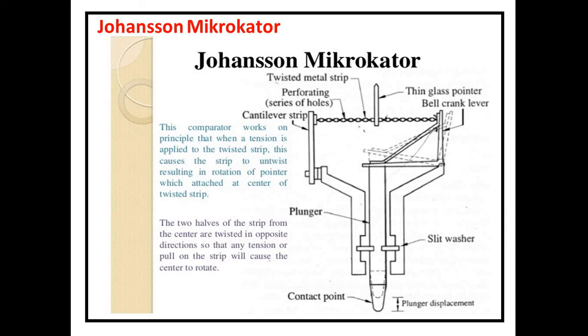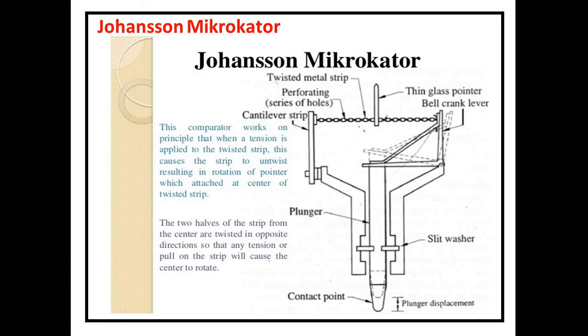Okay, so today we have seen the introduction of the comparators, what are the desired characteristics of comparators, and what are the uses or applications of the comparator. Then we have seen the different types of comparators: mechanical, optical, electrical, pneumatic, hydraulic.